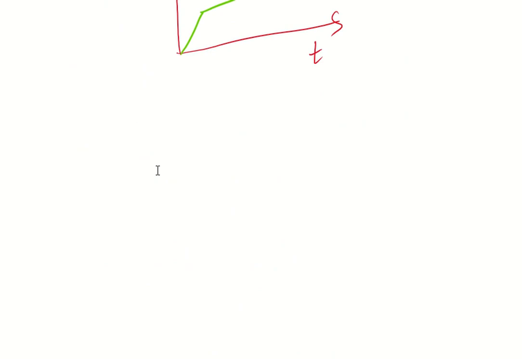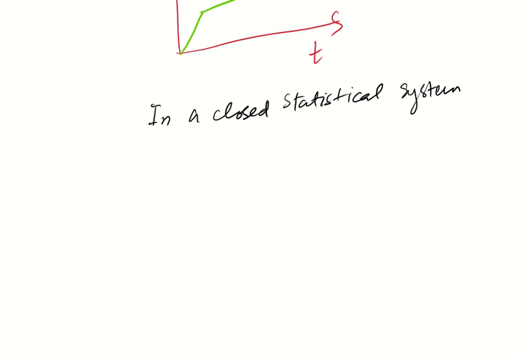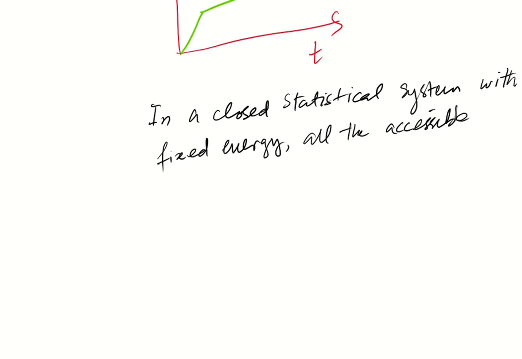It says that in a closed statistical system with fixed energy, all the accessible microstates have a constant probability density.